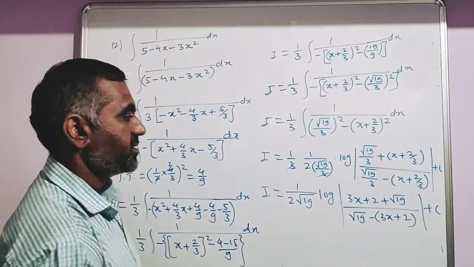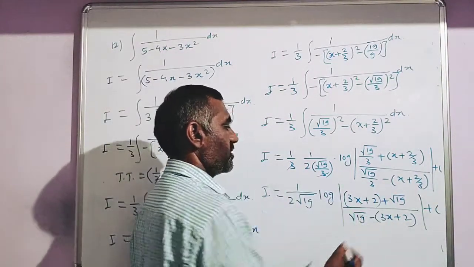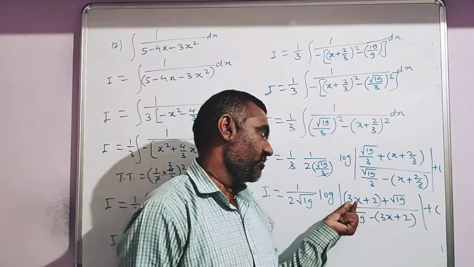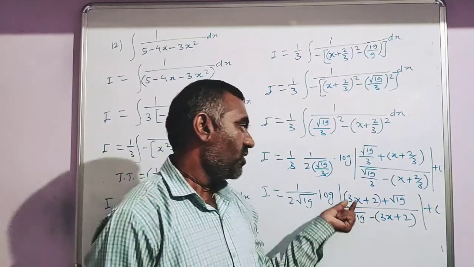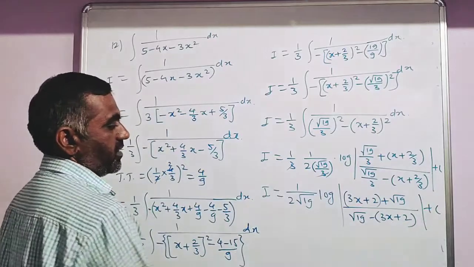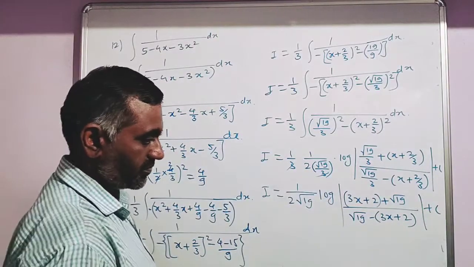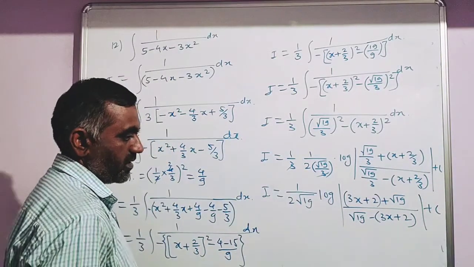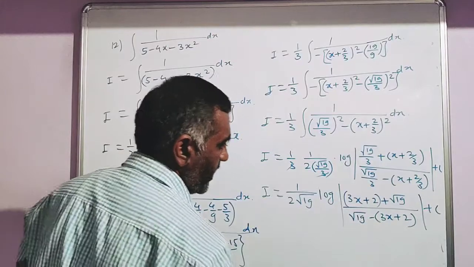This is your final answer. Otherwise, √19 plus 3x plus 2, or 3x plus this one. Okay. Now, 14.